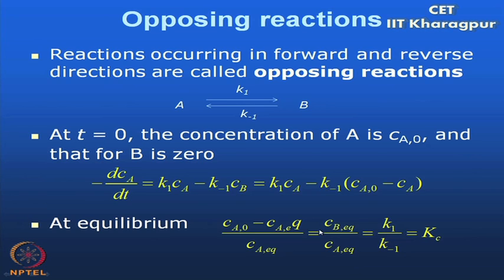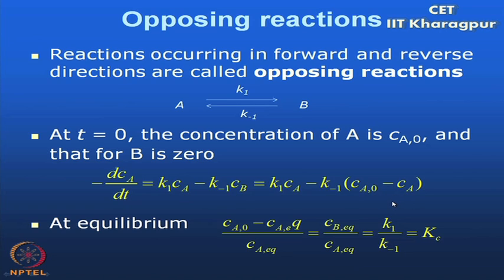You can look into the slide that dCA/dt is K1 Ca minus K minus 1 Cb, because this is the concentration of B, this is the concentration of A, and so you can write it in this way: K1 Ca minus K minus 1 (Ca0 minus Ca). Okay?